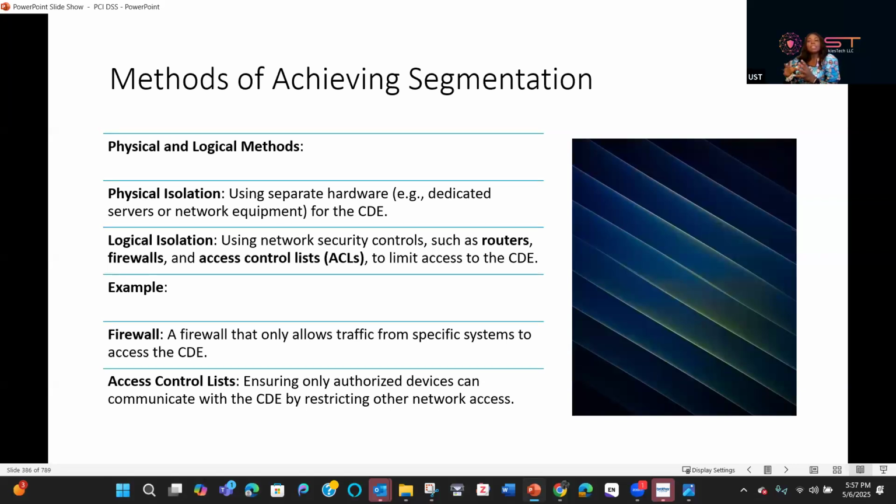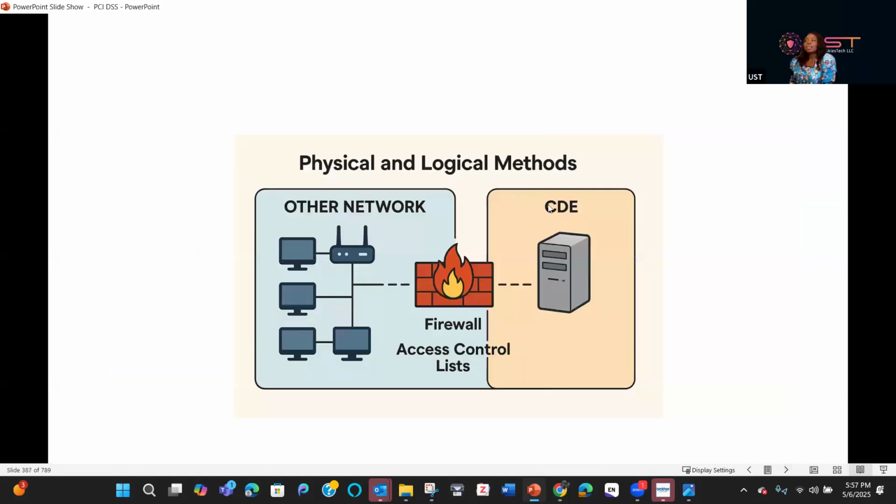So having that, you narrow down everything. What of ACLs? Access control is ensuring only authorized devices can communicate with the CDE by restricting other network access. If you look here, physical and logical methods: other network, firewall or access control list, and then you have your CDE. Make sense? Absolutely.